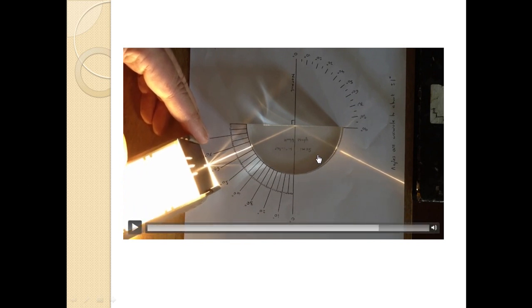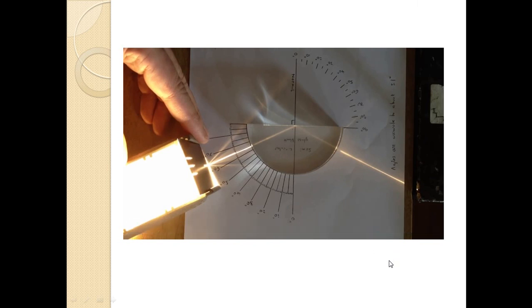The light beam will be totally reflected. And this phenomenon is called the total internal reflection, like this. We can state that when a light ray in a medium of higher index of refraction approaches the other medium at an angle of incidence greater than the critical angle, total internal reflection occurs.